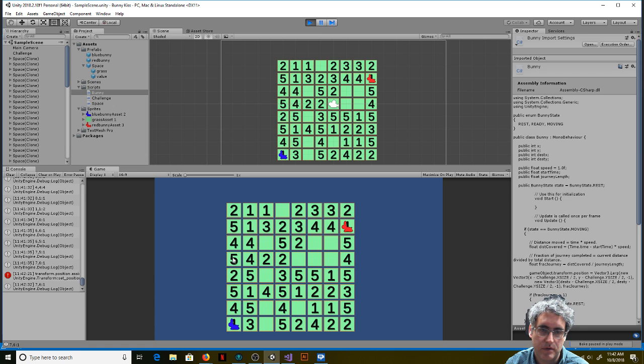One, two, three, four. Moving my bunnies. Okay. I want them to move a little faster. Yoink. And why can't I move this blue bunny?